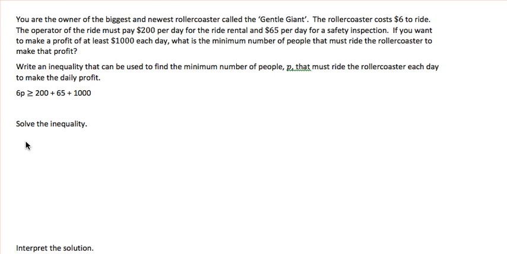Next, we'll solve the inequality, and we'll start by combining like terms, which are our numbers. And 6P will need to be greater than or equal to 1,265.